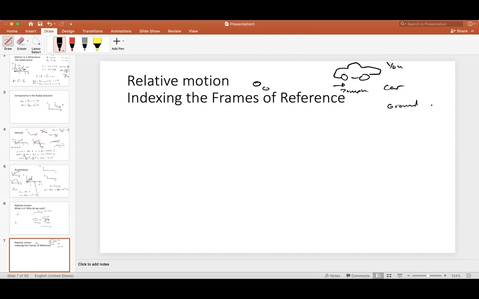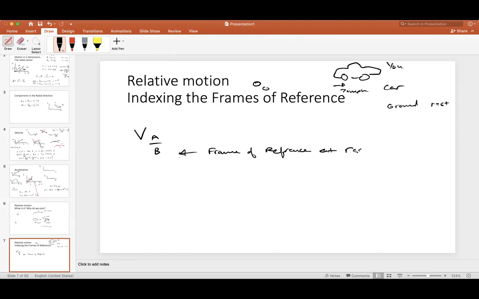But the ground is at rest, okay? And so in order to index things, we need to give A and B. So we need to say something like V, A versus B. And what are these? This index is a frame of reference at rest, okay?